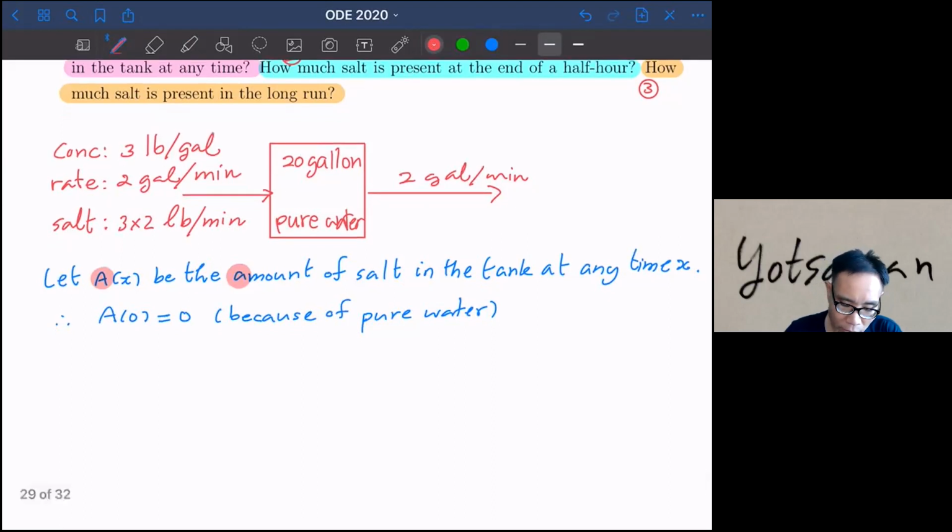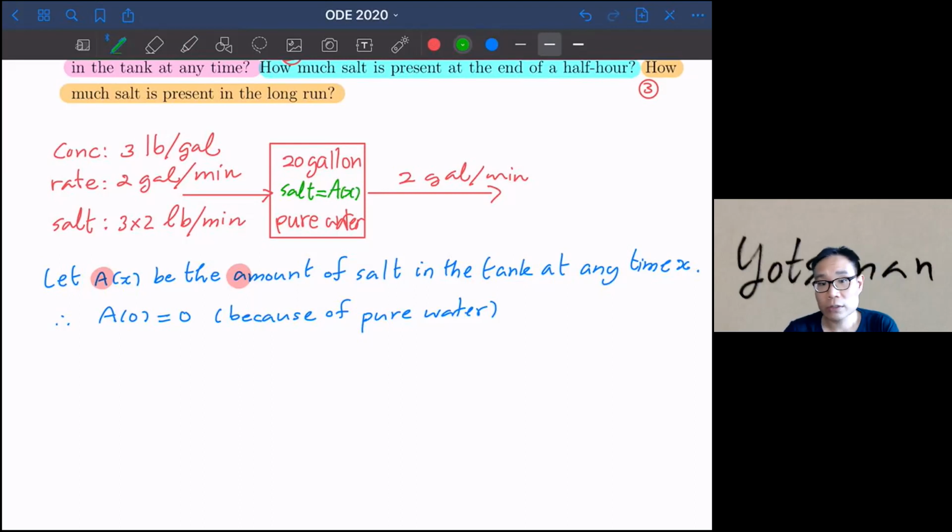It flows out at the same rate, 2 gallons per minute. The amount of salt in this tank is equal to A(x), the amount of salt you have in the tank at any time x.